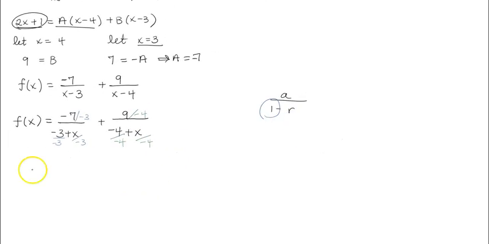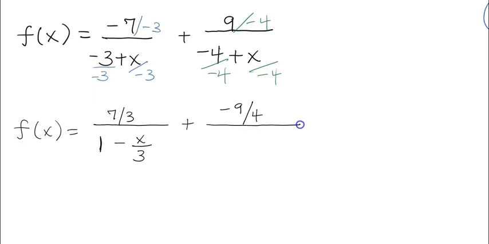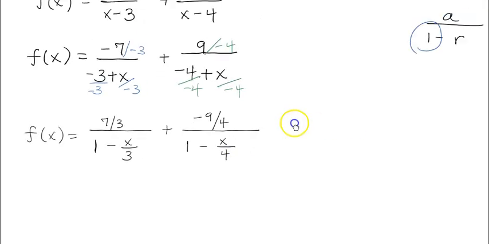So now I can see that the function f of x is equal to a positive 7 over 3 in the numerator divided by a 1 minus x over 3. And then the second term, we have a negative 9 over 4 divided by a 1 minus x over 4.